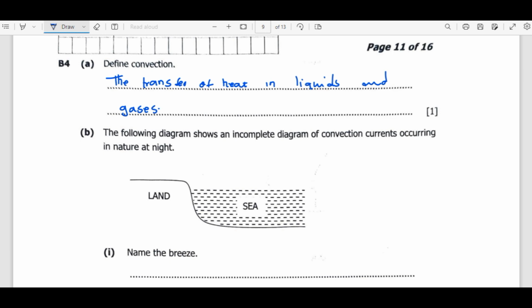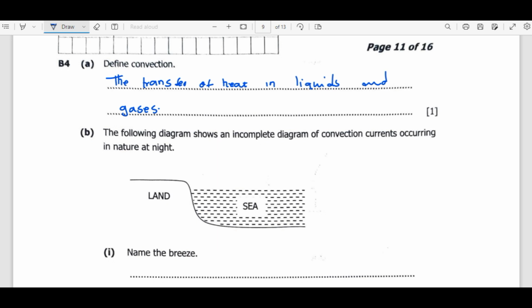This comes from the idea that if the molecules of a liquid such as water, or air, are heated, then the density of the heated air is less than the density of cold air. So that's the concept that we are trying to use here.